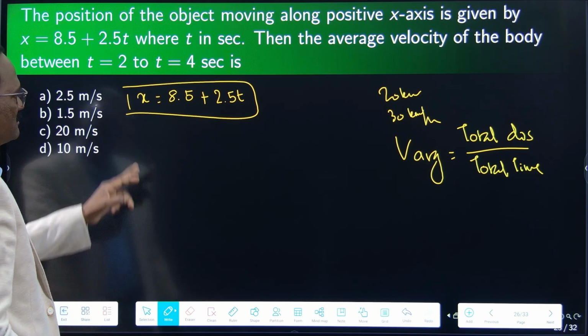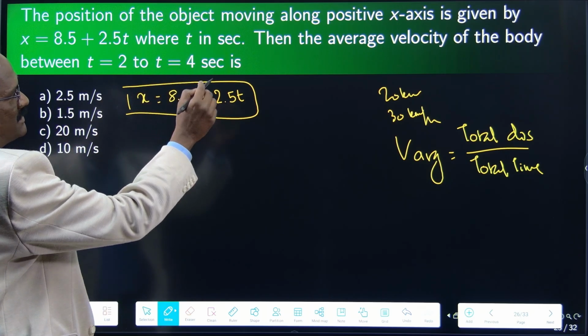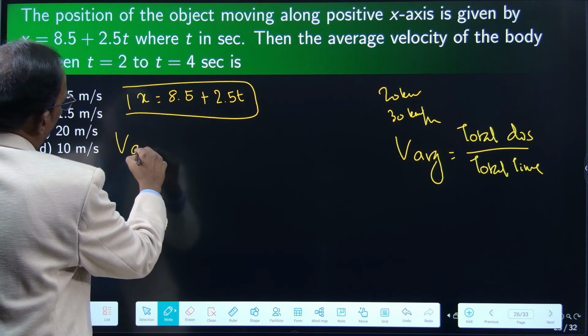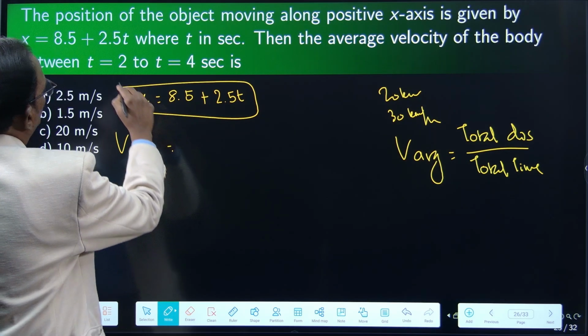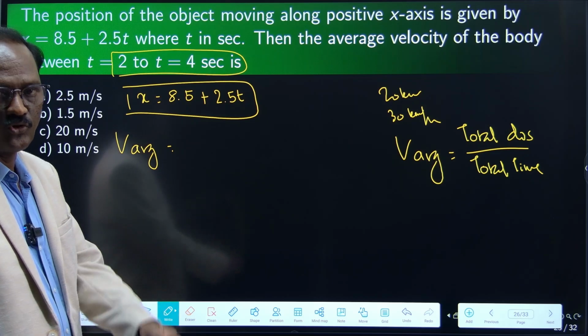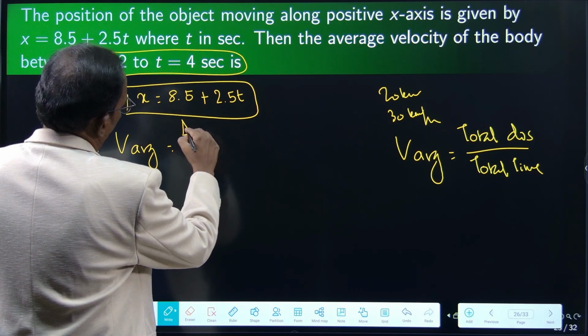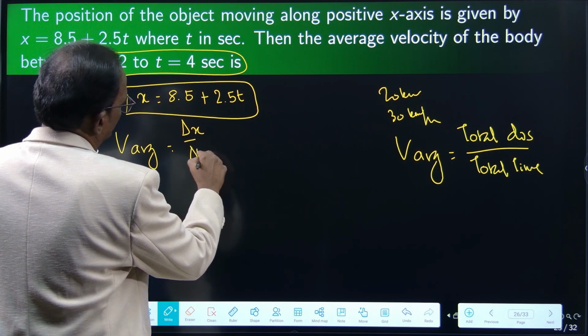X or s, distance, where t is in second. Then the average velocity, V average between 2 to 4 seconds. Time interval is 2 to 4 seconds, right? Average velocity is delta x by delta t.